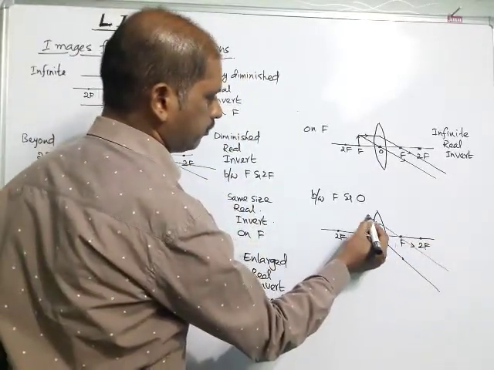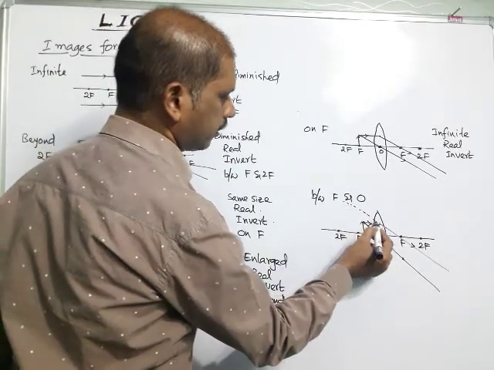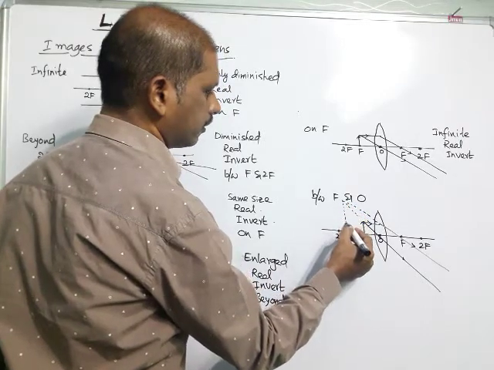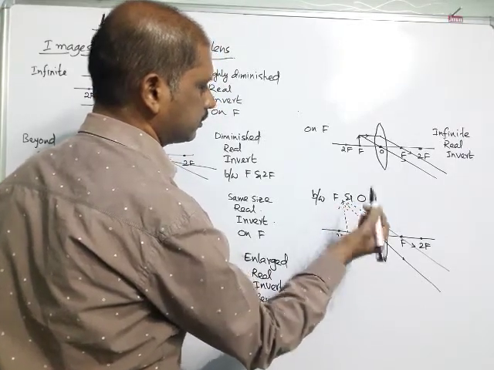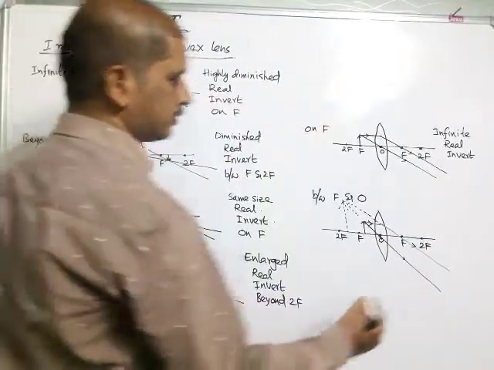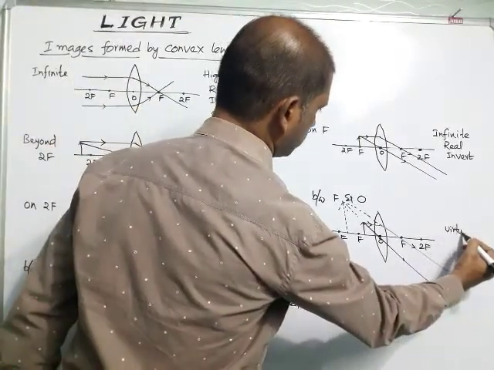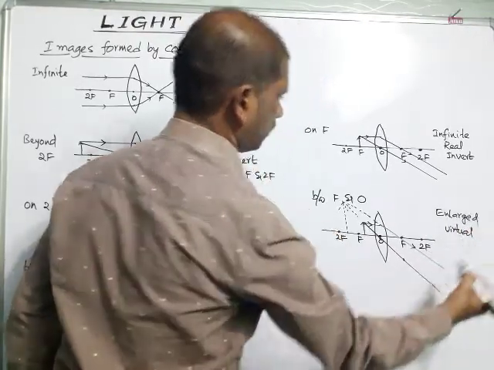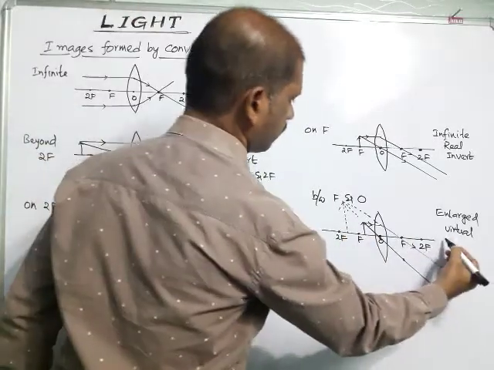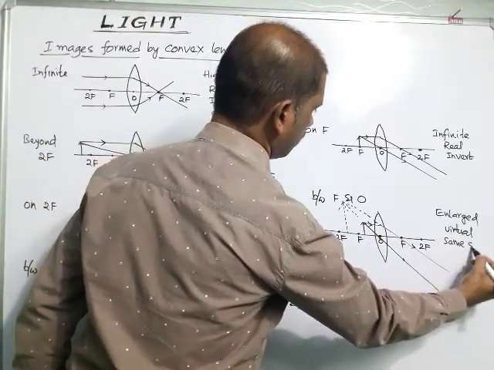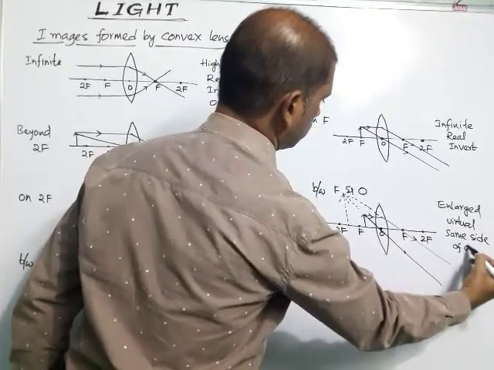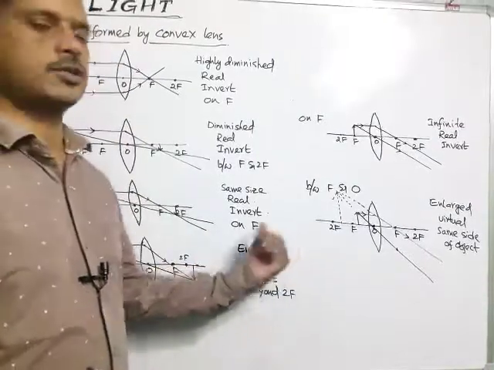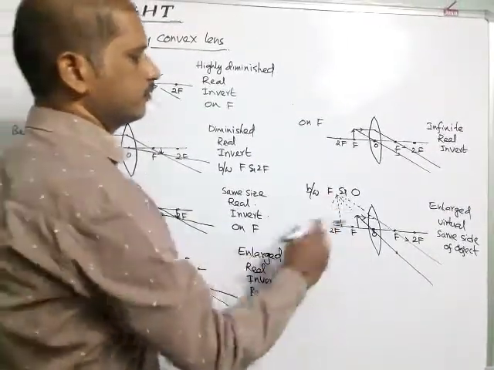So on the other side they will meet at a point. If you extend this line, and here also extend this line, both will coincide here, and here the image is formed, but this is a virtual image. This is also enlarged. This is an enlarged virtual image, formed on the same side as the object. It means that on whichever side you keep the object, the image will be formed on that side only, but it is a virtual image.